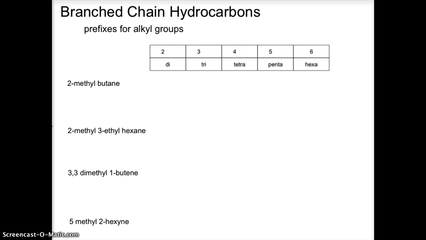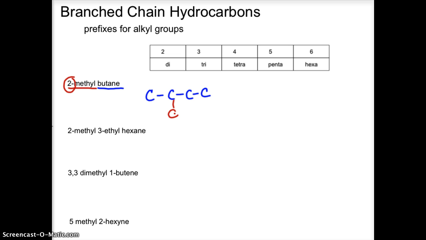Here is the first example. You'll notice that you have the name 2-methyl butane as written right here. The first thing that I notice is that the last name is butane. And butane, you should know by now, means that there are 4 carbons and they are all singly bonded. So this is the structure for butane. Then to write the structure for this 2-methyl, methyl means that there is one carbon branching off, and the 2 here means that it is on the second carbon of the butane chain.